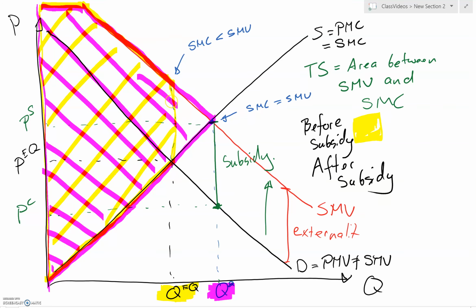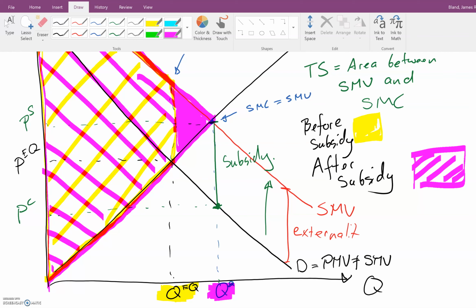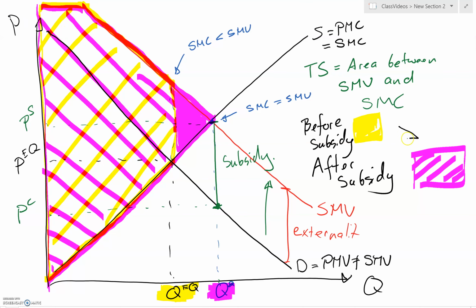Okay, remember, the little bit more is this bit here, the bit that I'm shading in to the best of my ability in its entirety. Okay, so after the subsidy, we're getting this, which is a larger area than the yellow area. Oops, sorry, wrong way. That way. Okay, so total surplus increases if the government subsidizes the market.